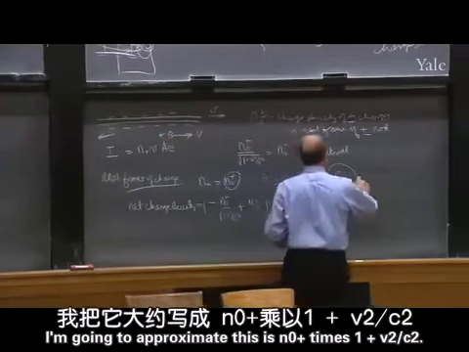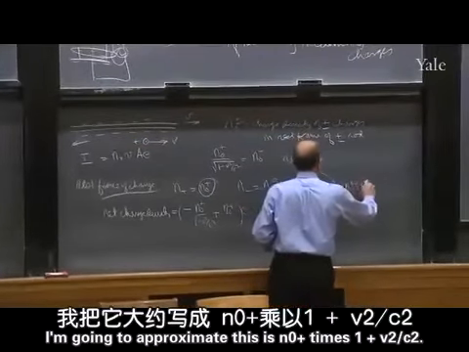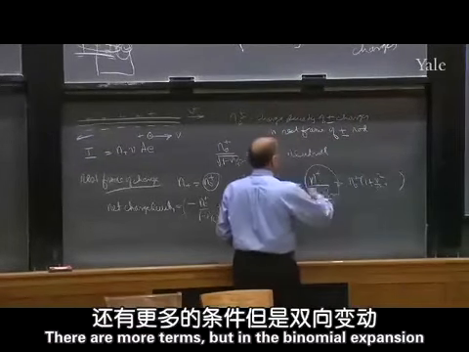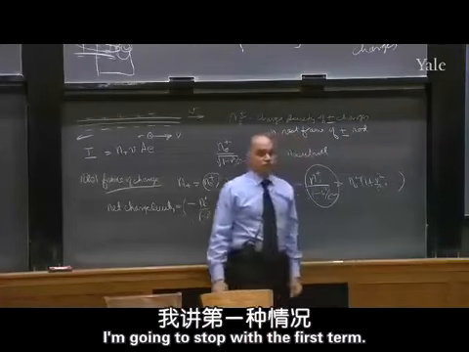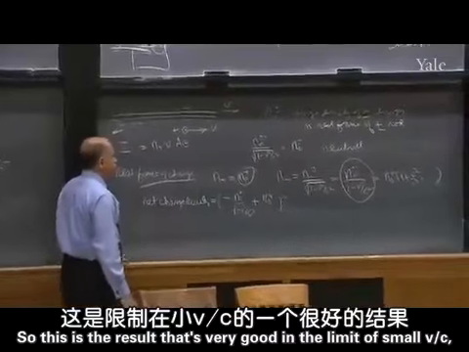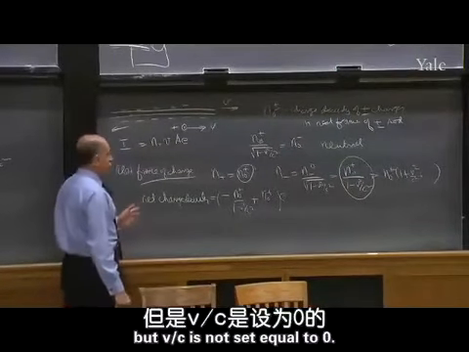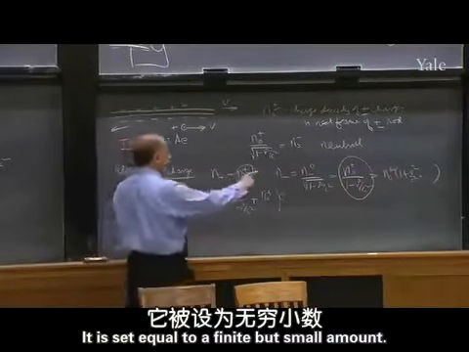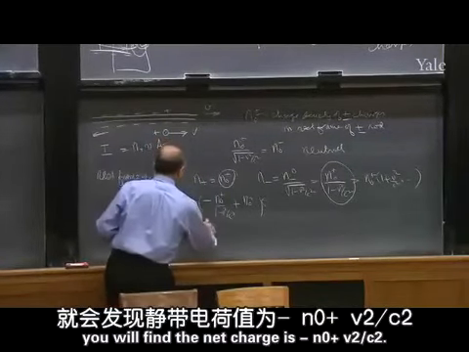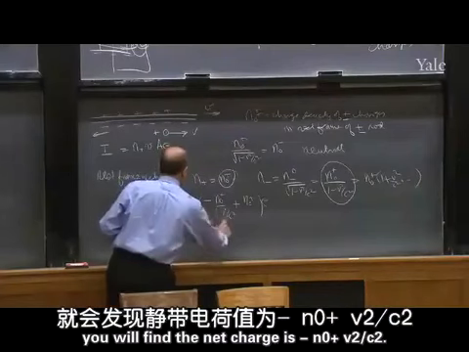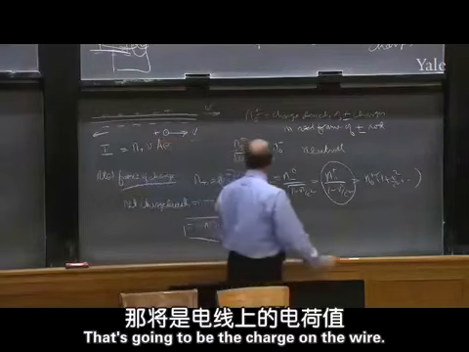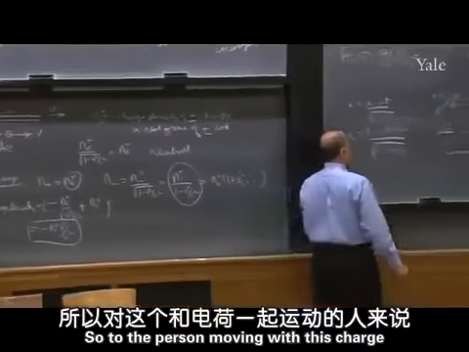I'm going to approximate this as n0 plus times 1 plus v squared over c squared. There are more terms, but with the binomial expansion, I'm going to stop with the first term. So this is a result that's very good in the limit of small v over c, but v over c is not set equal to 0. It is set equal to a finite but small amount. So if you compare those two, you'll find the net charge is minus n0 plus v squared over c squared. That's going to be the charge on the wire.